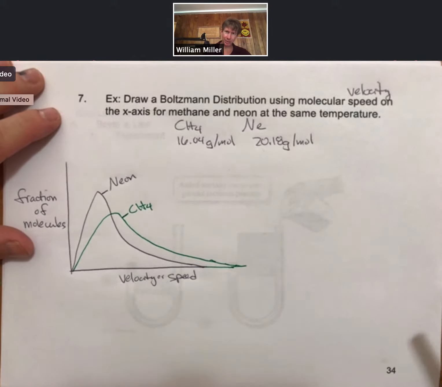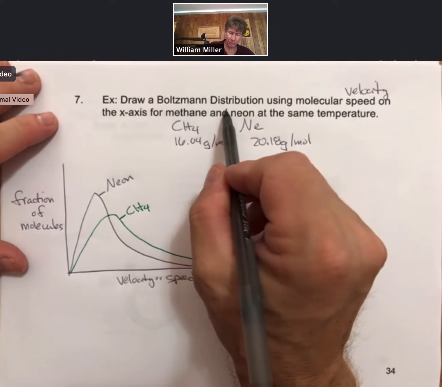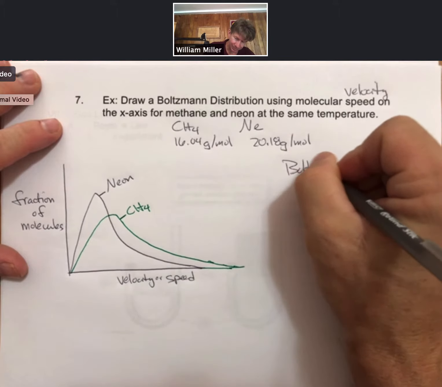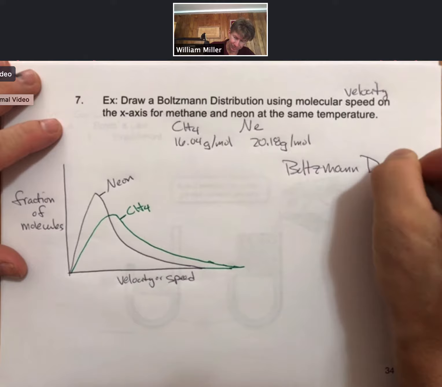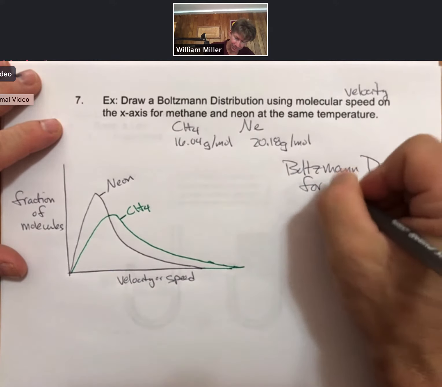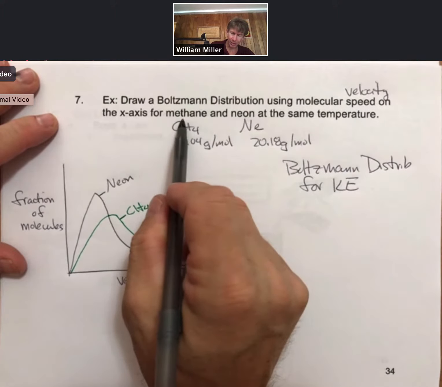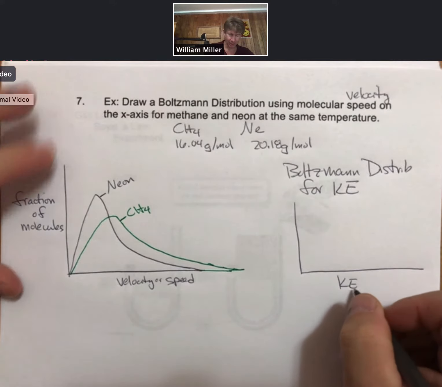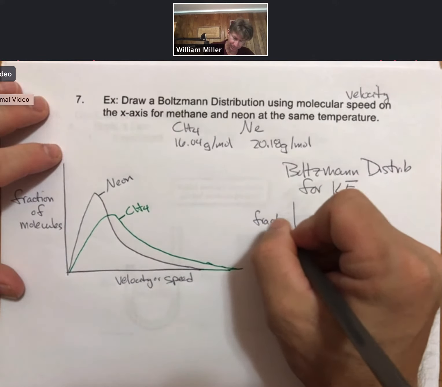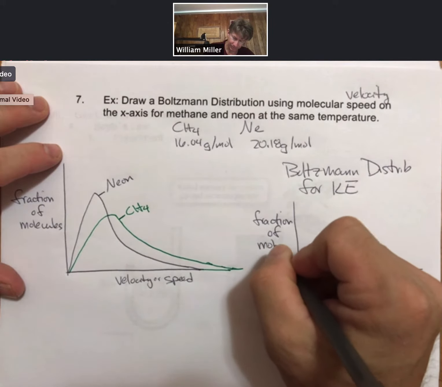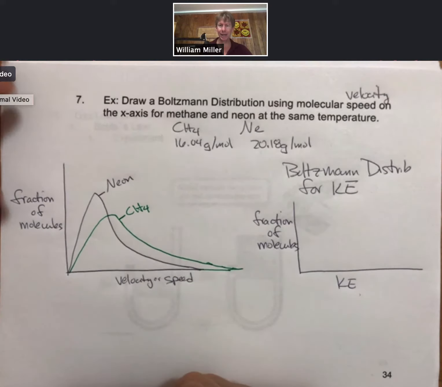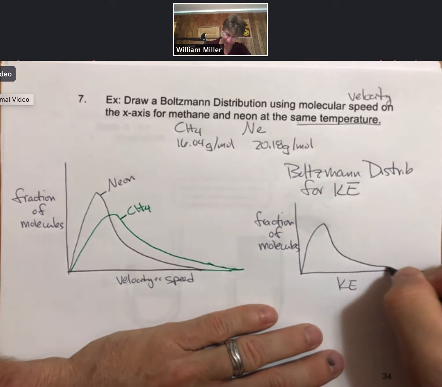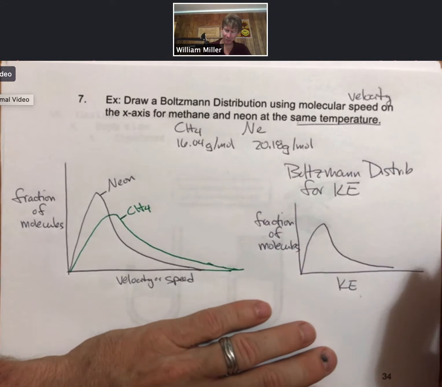Now, if instead we were to ask the question, draw a Boltzmann distribution using kinetic energy on the x-axis for methane and neon at the same temperature, we would draw kinetic energy on the x-axis, fraction of molecules on the y-axis, and because they're at the same temperature, my curves are terrible today, but they will suffice.